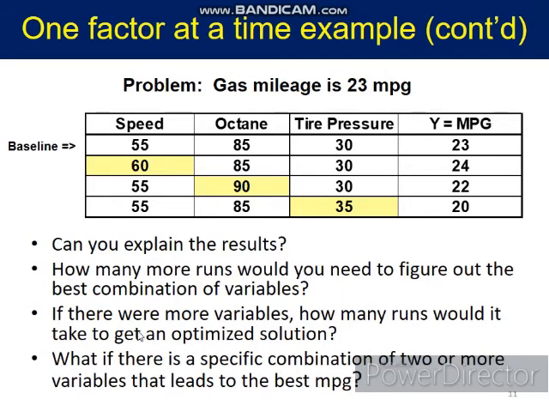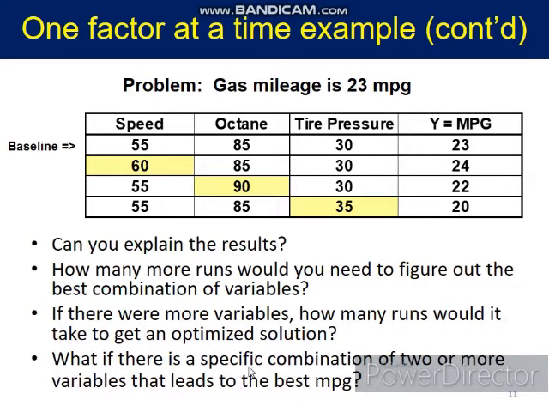So if there were more variables, how many runs would it take you to get optimized solutions? Basically, you need to run many more experimentations to get the full picture of what's going to happen. What if there's a specific combination of two or more variables that leads to the best miles per gallon?